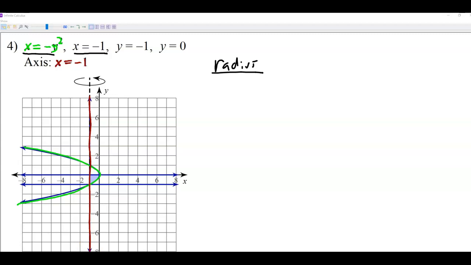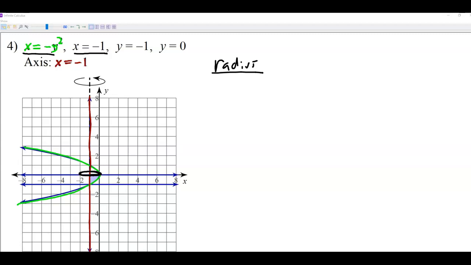And since we're rotating vertically, my radius is a horizontal radius, like that. So when I rotate it, it goes like that. So we have a circle going horizontally, which means that the radius is going to be horizontal. So when you rotate around a vertical axis, you get a horizontal circle, and therefore a horizontal radius.